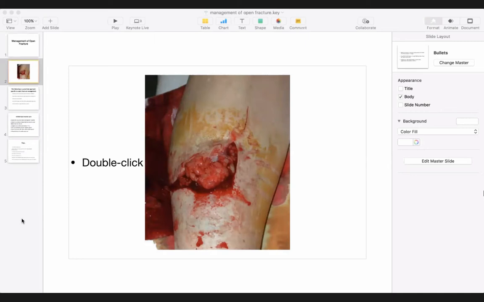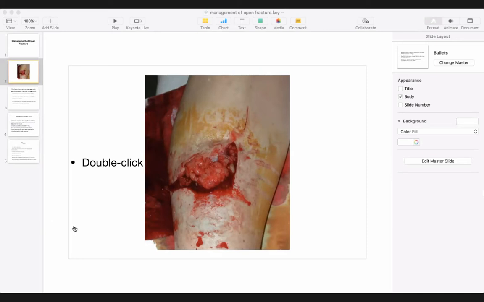Excellent. So this is a focused history in the cases of open fractures where the patient is really in pain. There's not much time to go through classical history style, chief complaint, past medical, social history. So in this case, you need to take a brief history to the point and only take the relevant information.